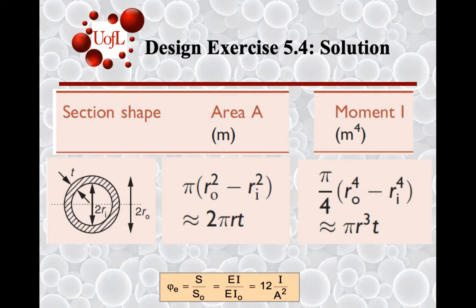Phi is then the stiffness for the shape in consideration, in this case this particular circular tube, divided by a reference shape, which we take as a square cross-section of equivalent cross-sectional area. At that point, you can get the phi shape factor to be estimated by 12 I by A squared.